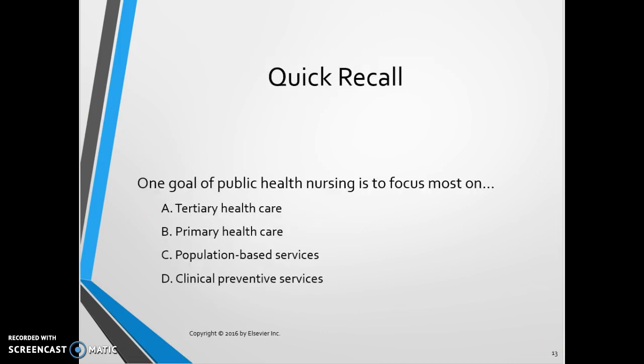So, one goal of public health nursing is to focus most on tertiary health, primary health, population-based services, or clinical prevention services. And I would say that our answer is C. So we're definitely going to be looking for population-based services.